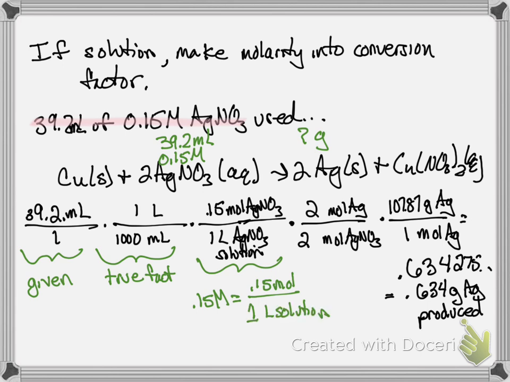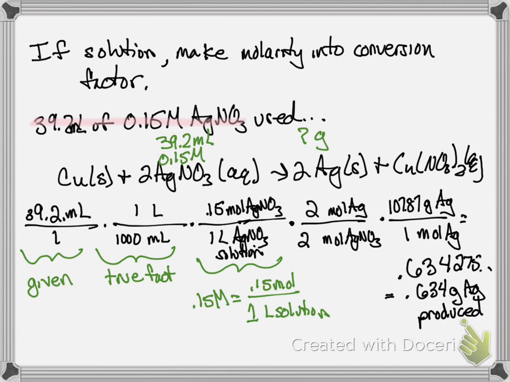So that means you can write molarity as a conversion factor, because all you need is a fraction, a ratio, a relationship between what's in the numerator and what's in the denominator. In our case, we need the liters to be in the bottom because those are the units we're trying to get rid of. But if you needed to get rid of moles, you would just write the reciprocal.